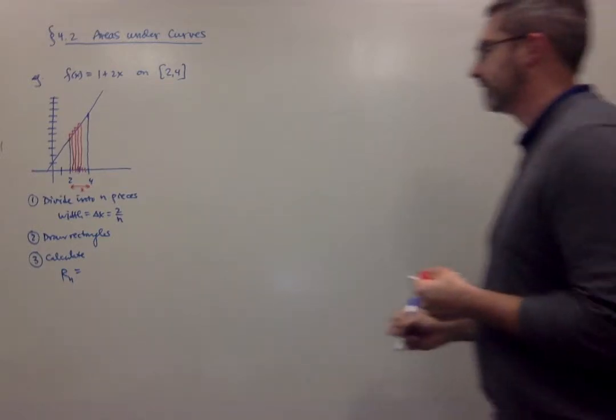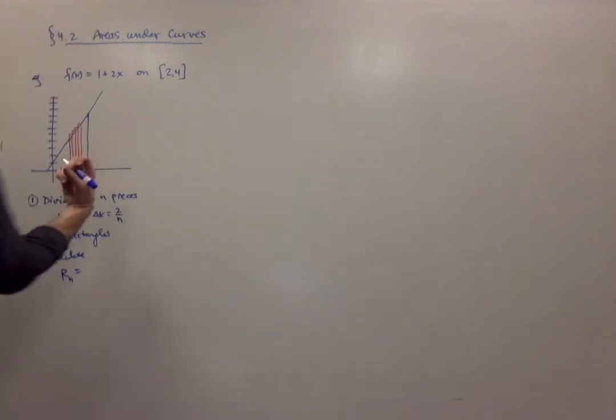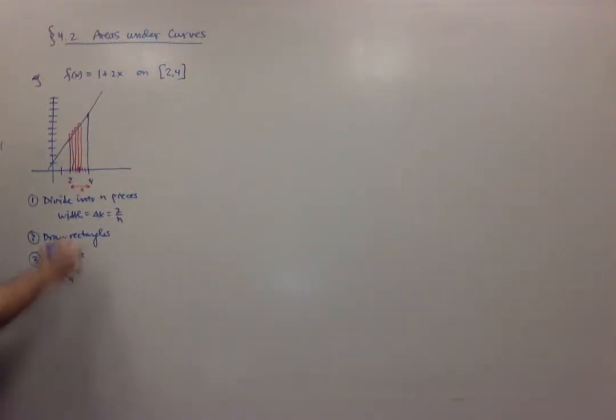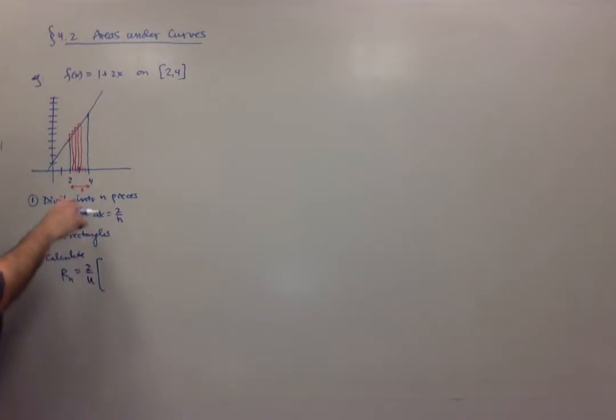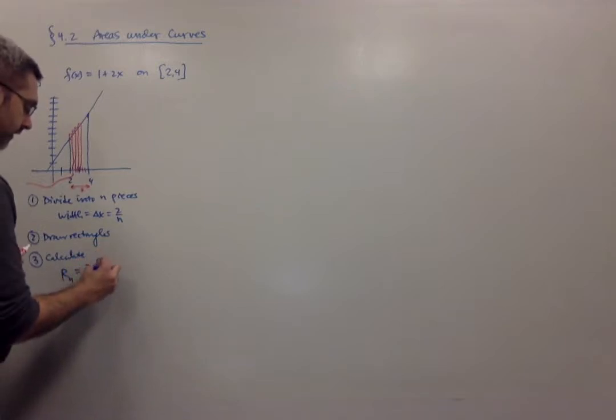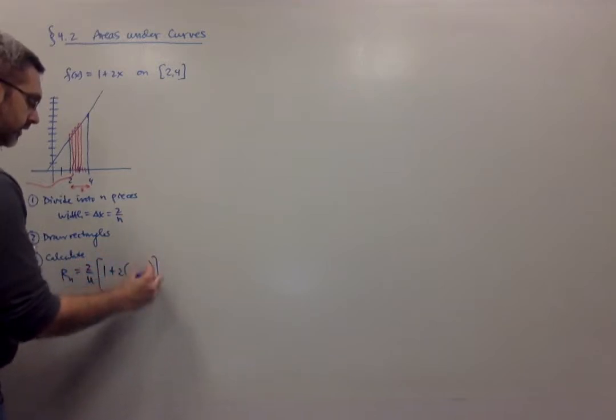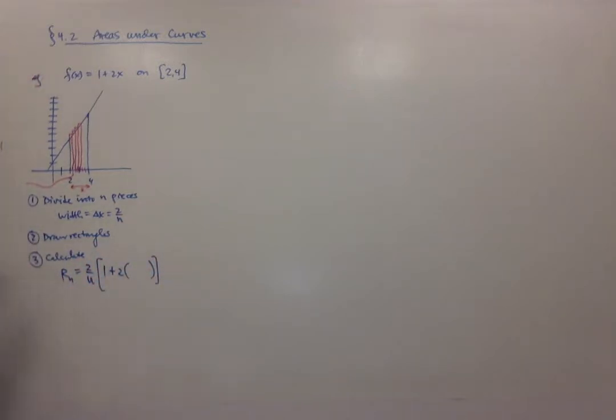All right, so the area of the first rectangle right here is going to have width 2 over n. And then the height is going to be what we get when we plug this point into the function. Now, the function's 1 plus 2x, so I'm going to plug some point into 1 plus 2x.